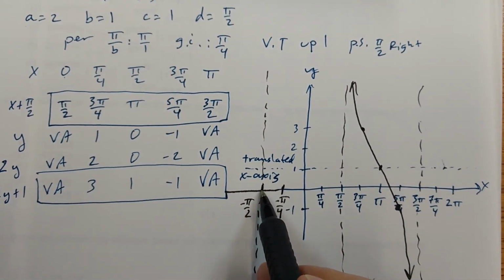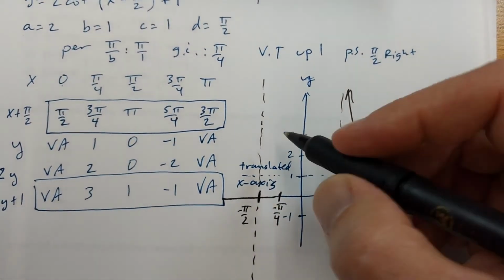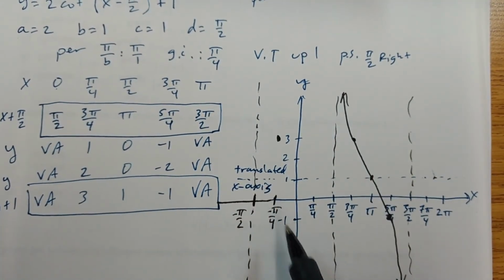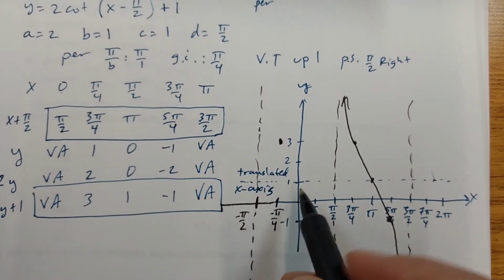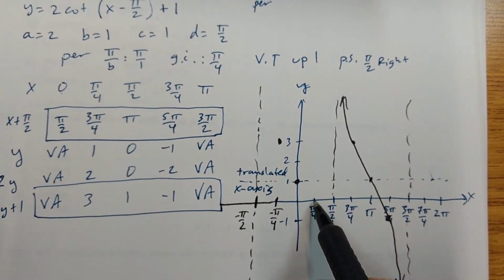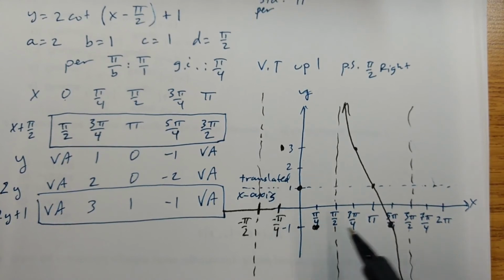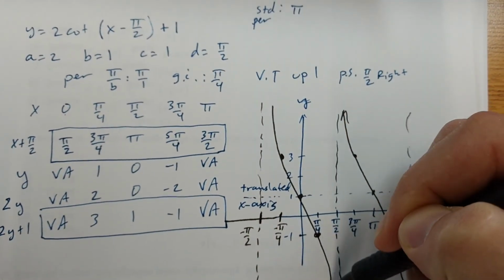So just inside of our left edge of the vertical asymptote, our y value should be 3. So when x is negative pi over 4, our y value is 3. When x is 0, which is the middle of the period, we should have a y value of 1. And when x is the right edge, we'll be at negative 1. And we've established 2 periods.